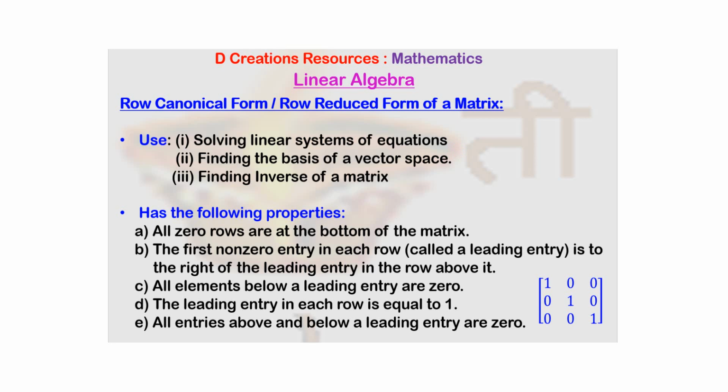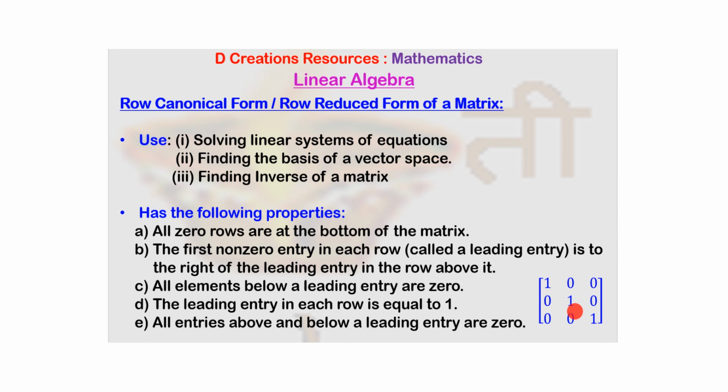And there are unique properties. So when do you call a certain matrix to be in row canonical form or row reduced form? If it follows certain conditions. And what are those conditions? All the zero rows should be at the bottom of the matrix. The first non-zero entry in each row has to be to the right of the leading entry in the row above it.